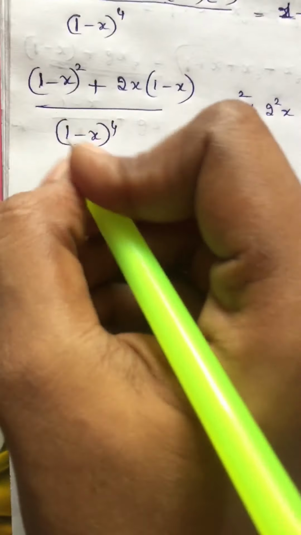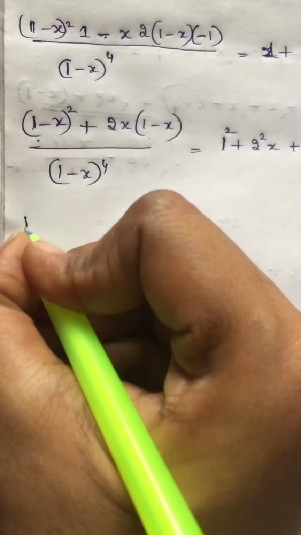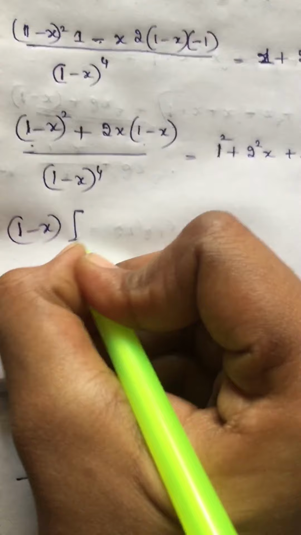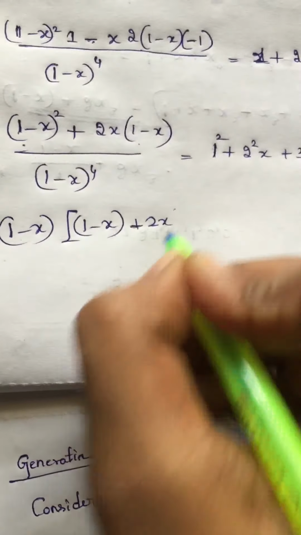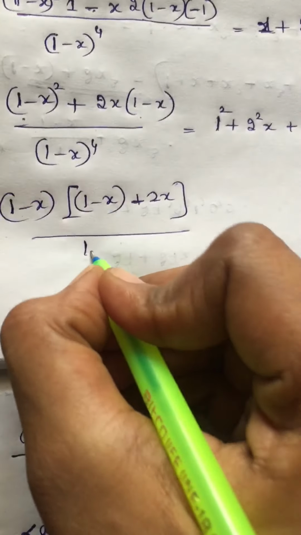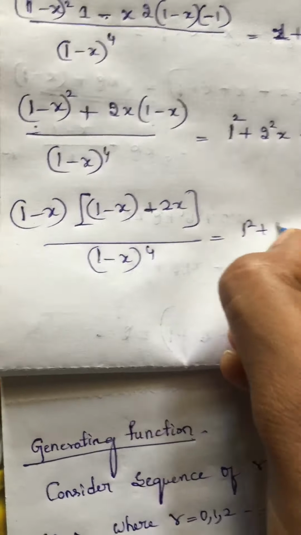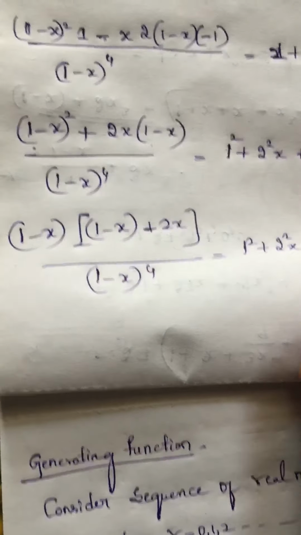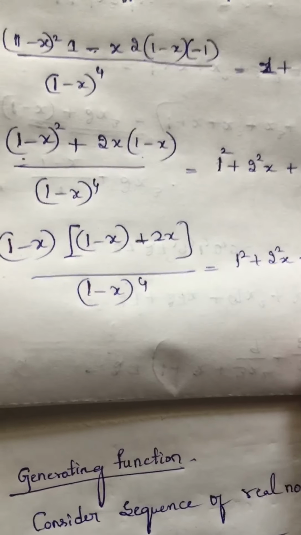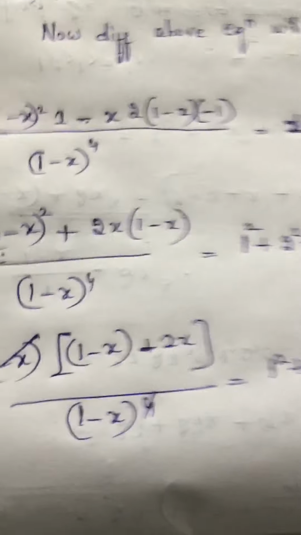In this expansion, we take (1 minus x) common on both sides. The remaining term is (1 minus x plus 2x) divided by (1 minus x) to the power of 4, equal to 1 square plus 2 square x plus 3 square x square plus 4 square x cube, and so on. The (1 minus x) term cancels.